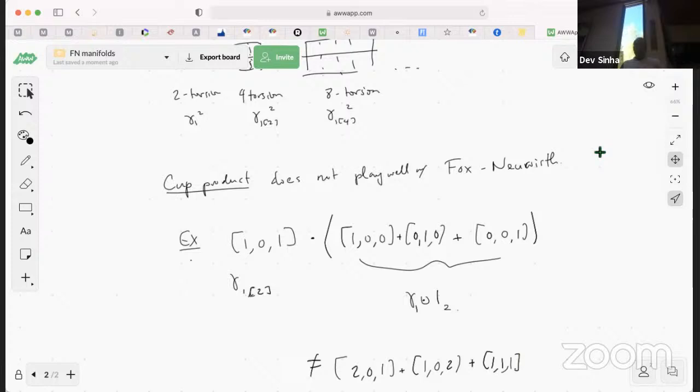This times this should really just be gamma 1 squared transfer gamma 1, and that would correspond to this much. This is this new class gamma 2, and that has nothing to do with this cut product. Gamma 2 is indecomposable.